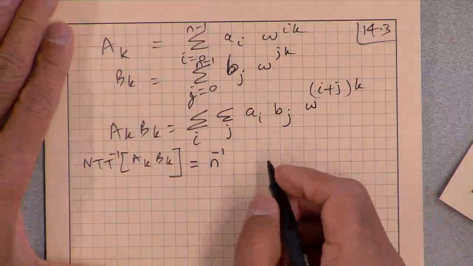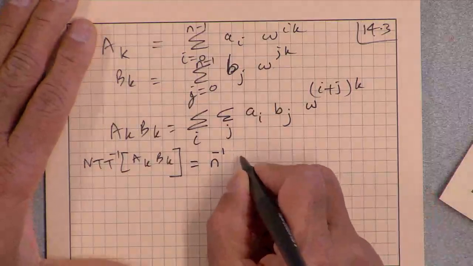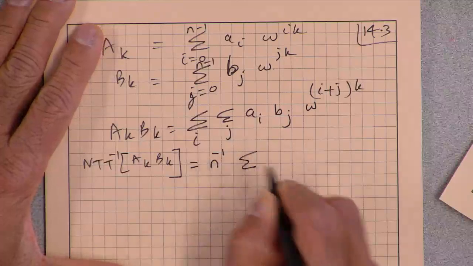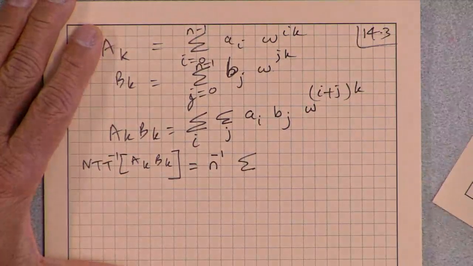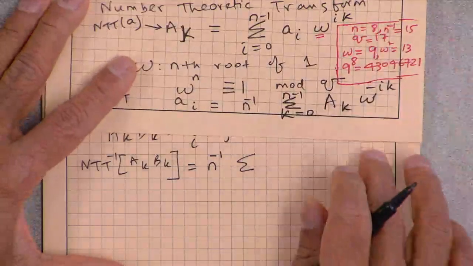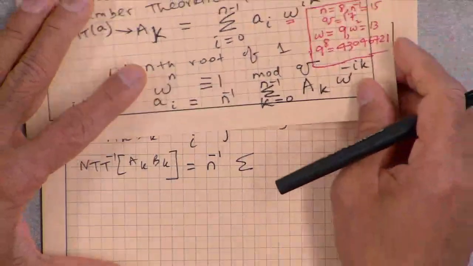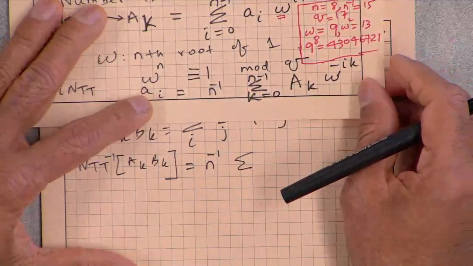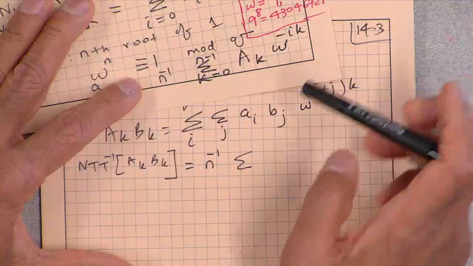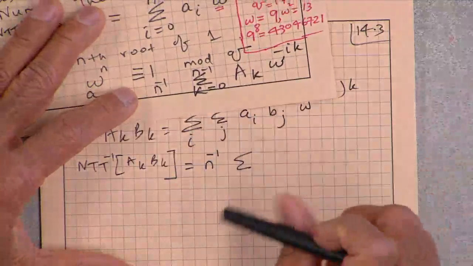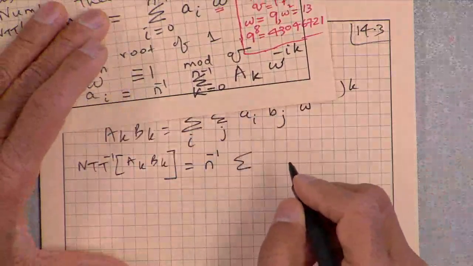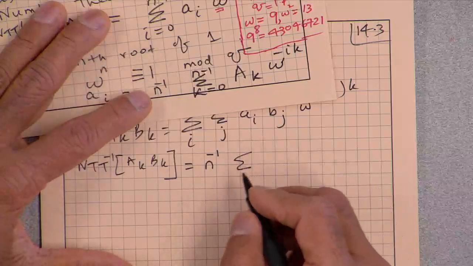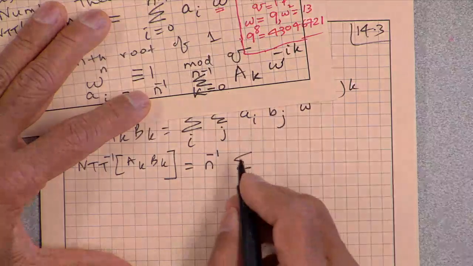So the NTT inverse of AK BK, and I can't use this index k for the outer one. Let's see here. Actually, I could use index k, that's fine, because we are summing over k.